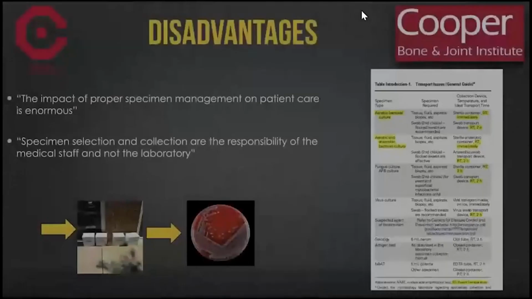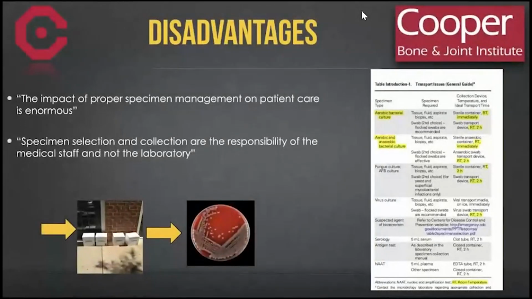And looking at these guidelines, you can quickly see that we are not really following them because, for example, aerobic and anaerobic samples need to be transferred into a room temperature container immediately. And I'm sure that you have oftentimes seen the picture that I have in the bottom left, that the cultures are sitting in these boxes outside the clinic for almost 24 hours in 100 degrees on a summer day. So that just essentially kills the bacteria, so you cannot have a live organism to grow.